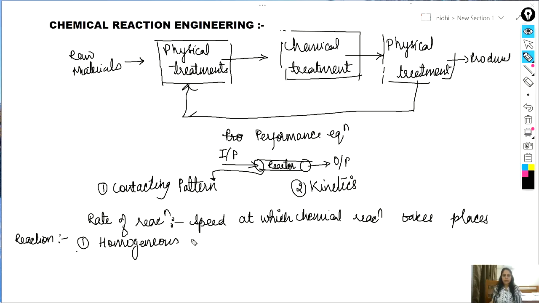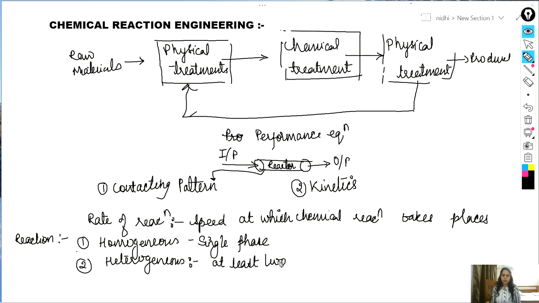Homogeneous means single phase, and heterogeneous means the reaction requires more than one phase, at least two phases.